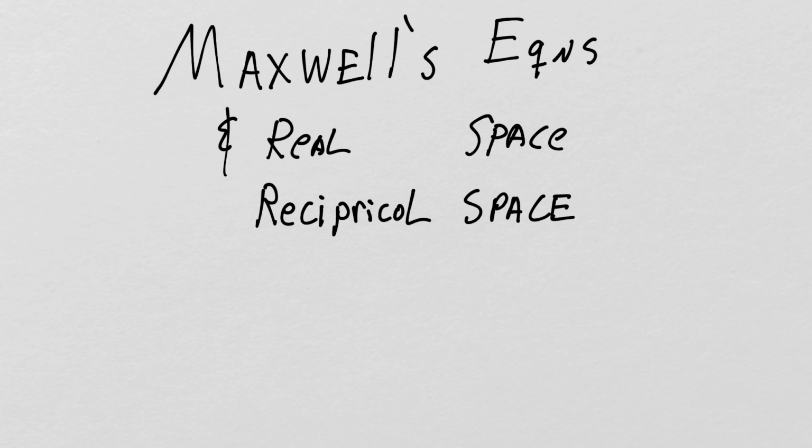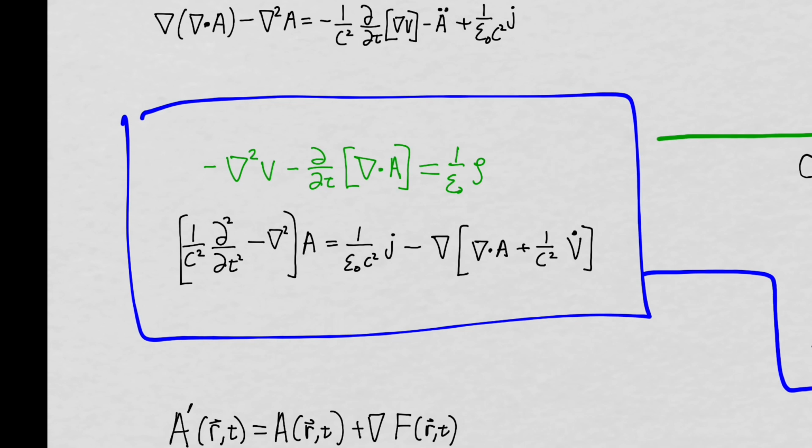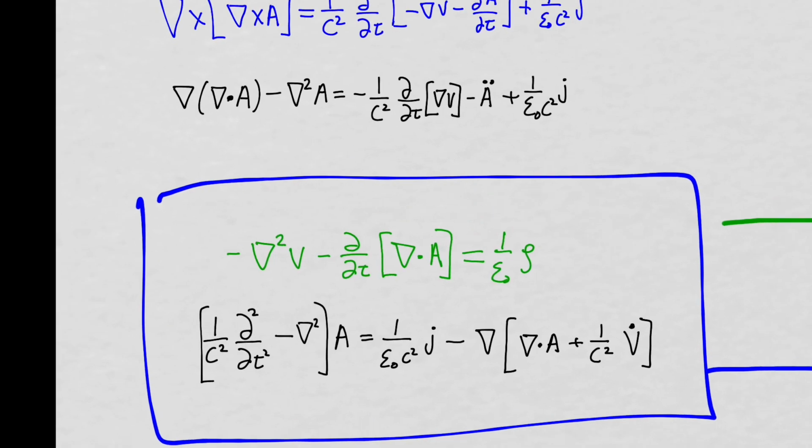And now that we've gotten the potential formulation down, that is, we've written the Maxwell's equations as two second-order differential equations, that counts as a different form of Maxwell's equations. The question kind of is, though, how different is it really?